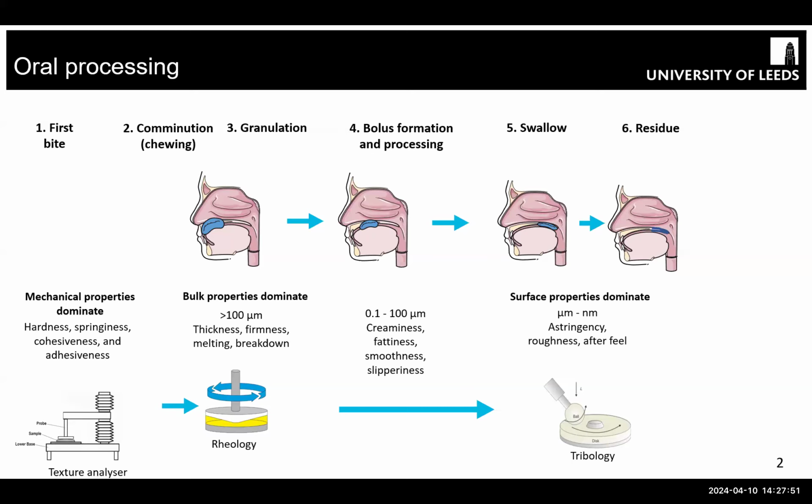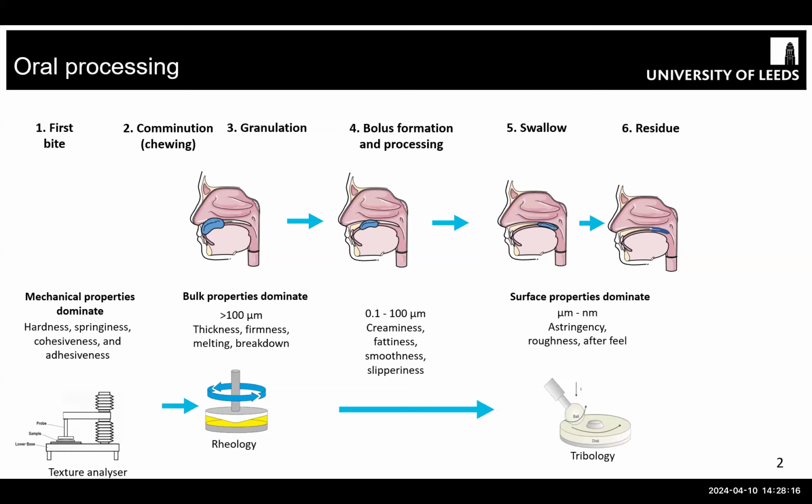I should note that in reality these processes overlap, but studying them separately allows us to understand the underlying physics and to get insights into the specific functionality of food ingredients or different food components.